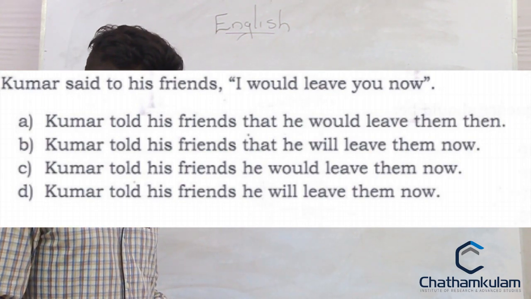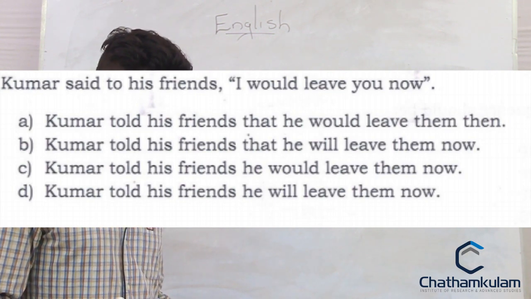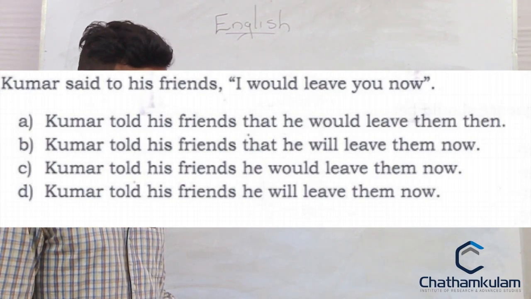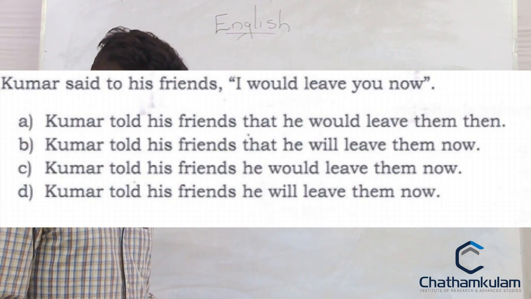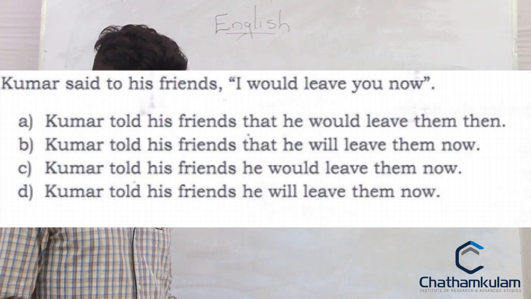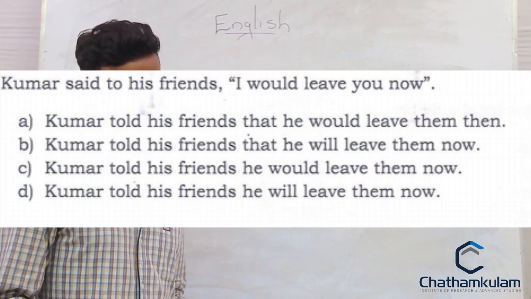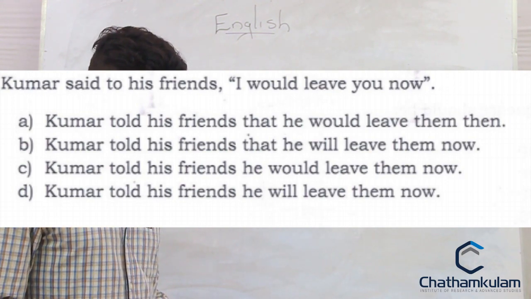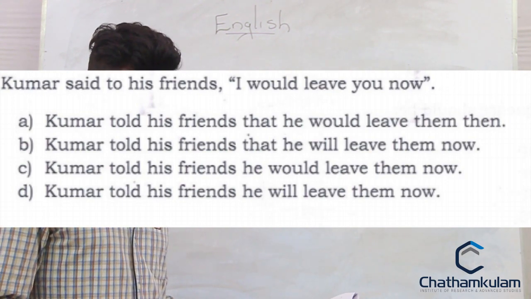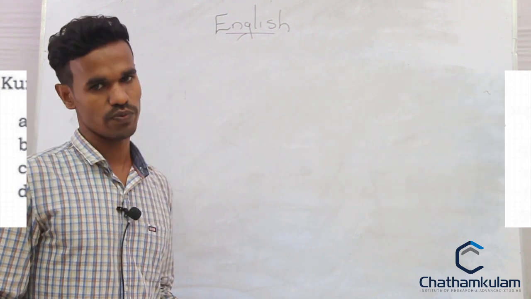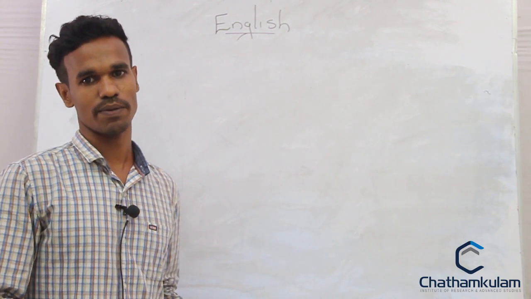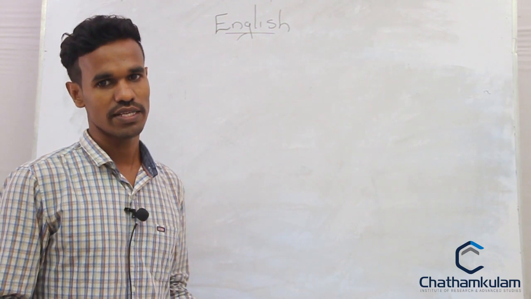Next option, Kumar told his friends that he will leave them now. Third option, Kumar told his friends he would leave them now. Fourth option, Kumar told his friends he will leave them now. Which one do you think is the most appropriate or right answer for the question?